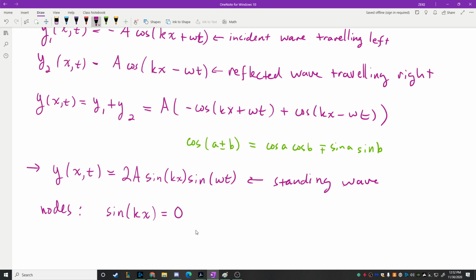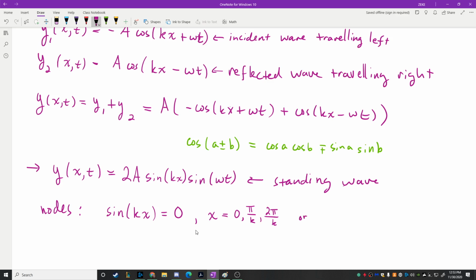Those are going to be the x coordinates of the nodes. The places where sine of kx is equal to 0 means that x has to be equal to, basically, if x was 0, you'd get 0. If x was pi divided by k, you get 0 because sine of pi is 0. If x was 2 pi divided by k, you'd also get 0.